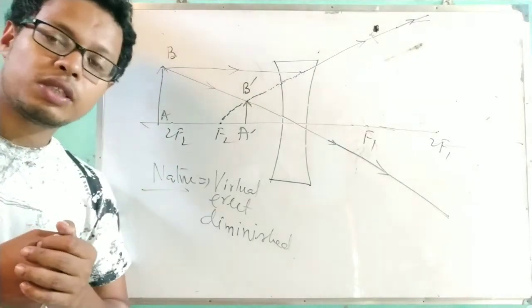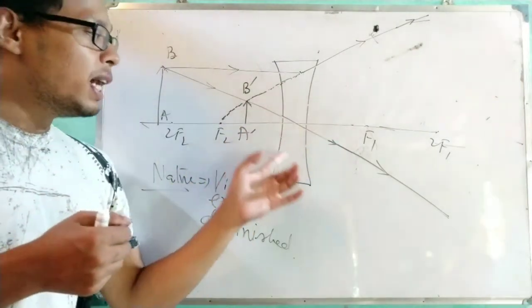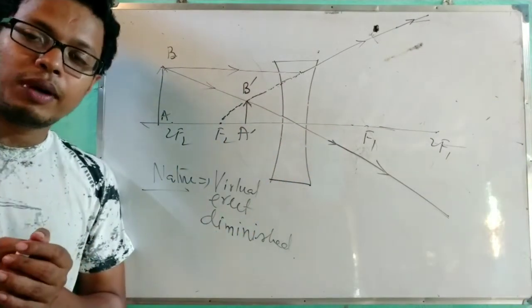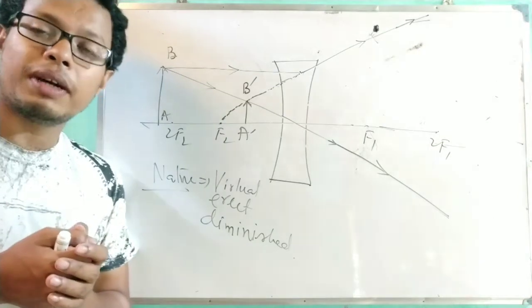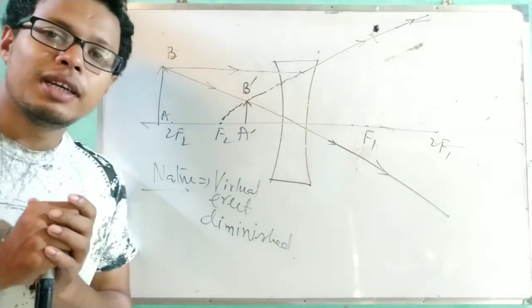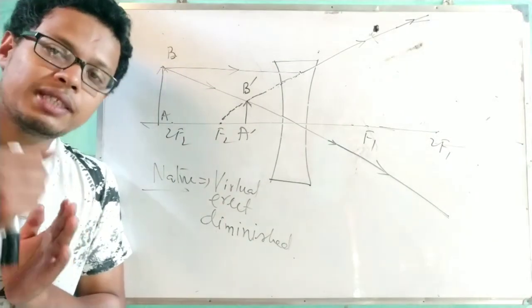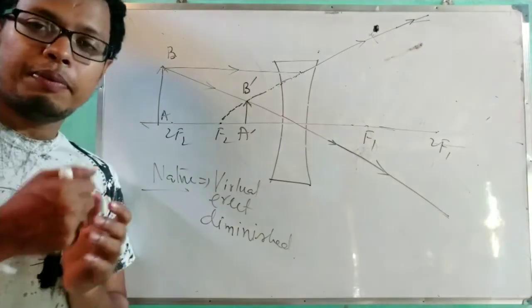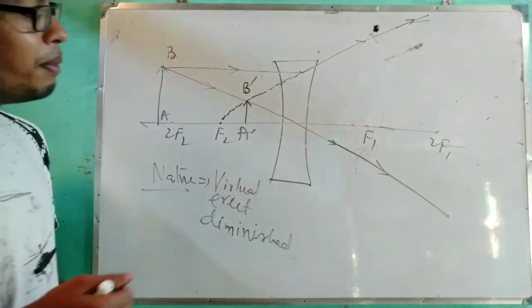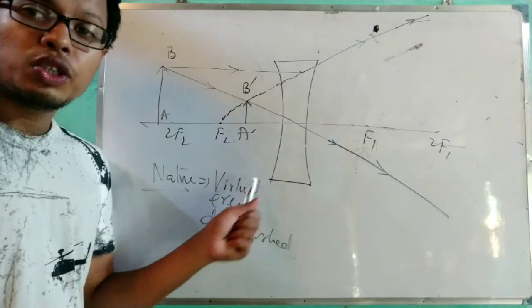That type of problem is called myopia, and by using a concave lens we can rectify it. And what is hypermetropia? The problem with which a person cannot see a nearby object but can see a distant object. That problem is called hypermetropia, and by using a convex lens we can rectify it. But here I am explaining the concave lens, which is used to rectify myopia, also called short-sightedness.